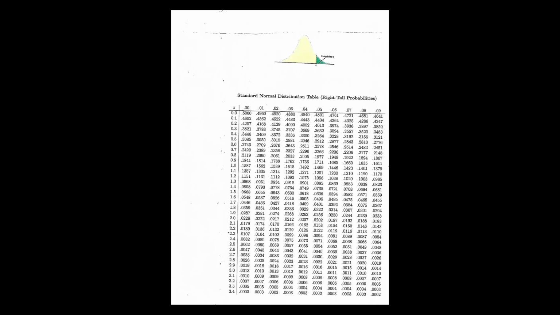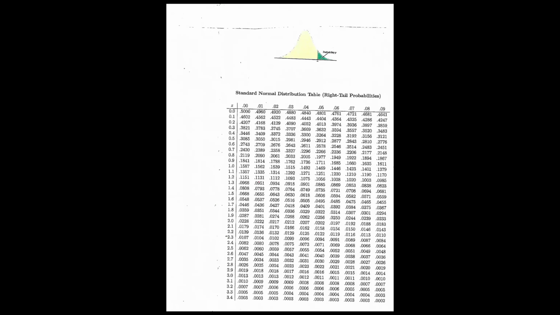So how do you find these respective probabilities? That is the question we are working with. When you are given a z-score, you calculate it by taking the number x minus the mean mu, divided by the standard deviation. This gives you a z-score.